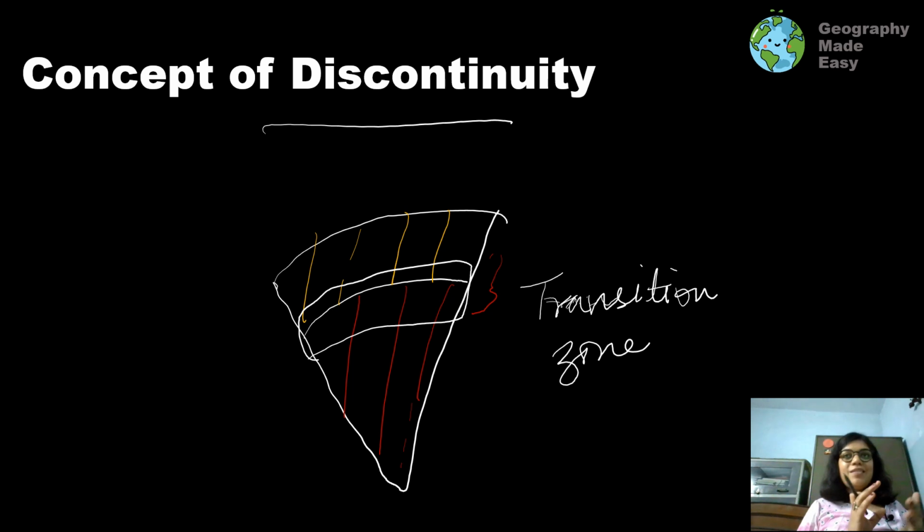A lot of these discontinuities are very debatable, and geologists to date are debating about them. For example, the discontinuity between Sial and Sima is very much debatable. We are used to seeing the kind of diagrams we draw in our geography books, but a lot of geologists nowadays claim that they are not completely correct.